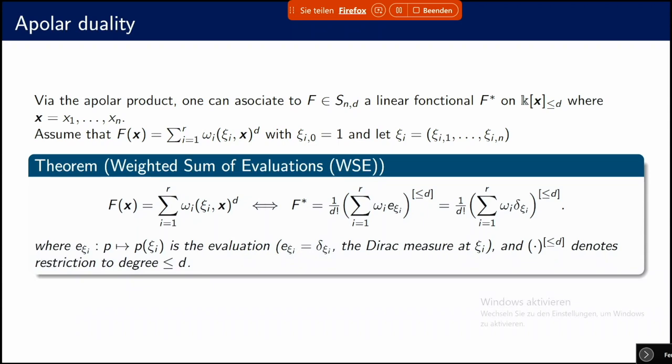By using the weighted sum of evaluations theorem, we can represent f star as a linear sum of the omega i's and delta xi's, where delta xi is the Dirac measure at xi, or just the evaluation of the polynomial at xi.